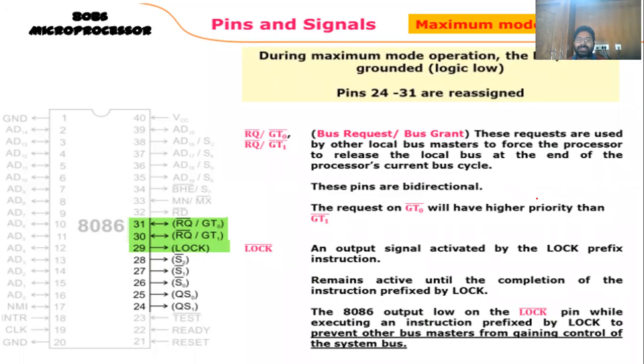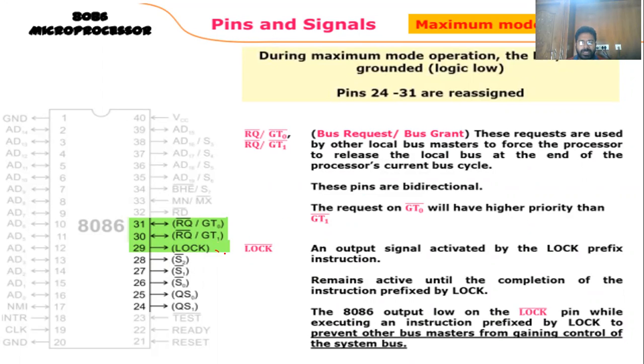Whenever you want to access those buses, you generate a request, and if it is accepted, access is granted. This is the simple way to understand it.